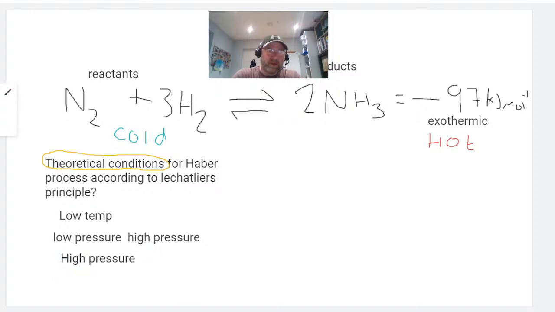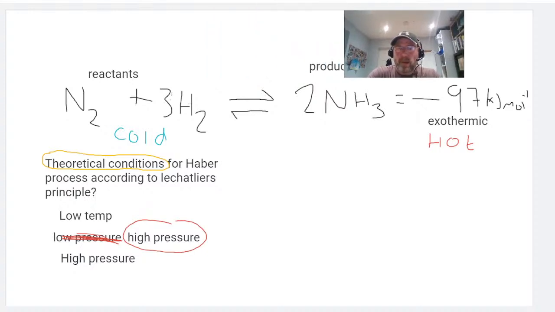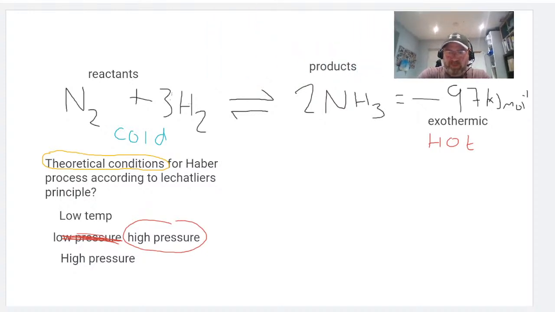So it's not low pressure, we want a high pressure, and here is the reason why. If I just move my camera so my face isn't in the way, over there. How many molecules are over here? I've got 1, and then 3 lots of hydrogen and 1 lot of nitrogen.